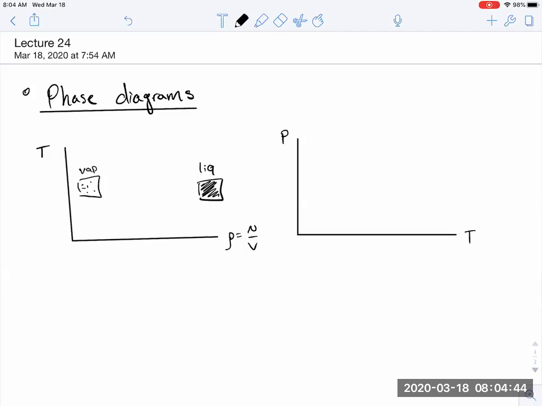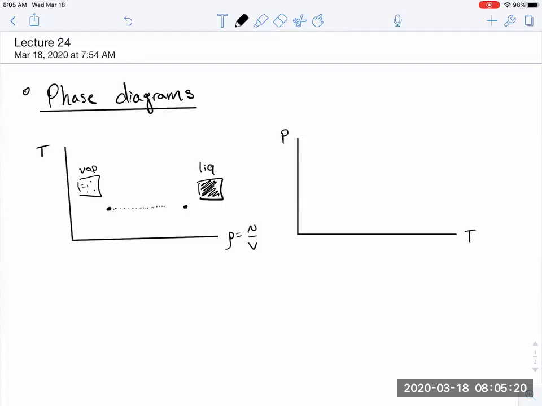Indeed, what we mean as the distinct difference between these two states of matter is, in fact, their density. A liquid is necessarily higher in density than its vapor. Now, if I put those two in contact with each other, that vapor would have a specific density, as would that liquid.